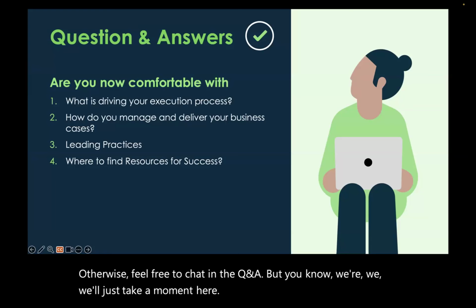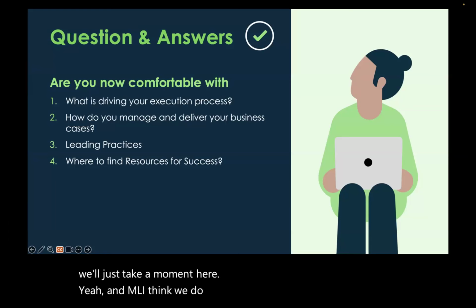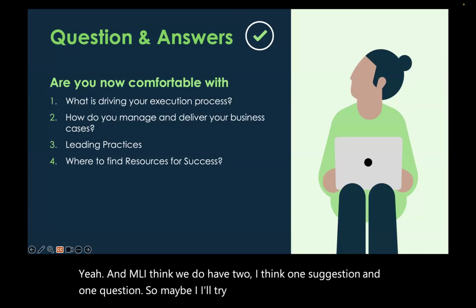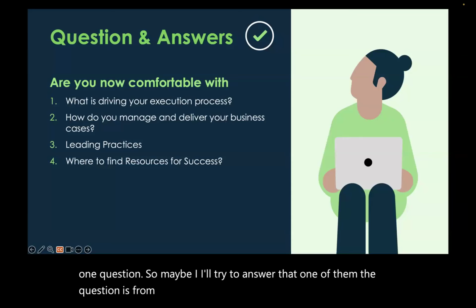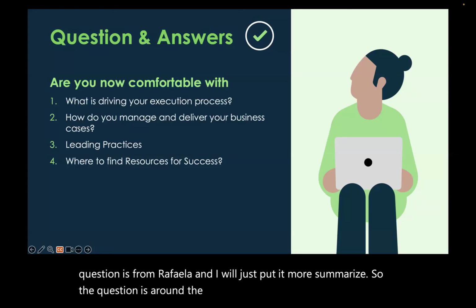Yeah, ML, I think we do have two, one suggestion and one question, so maybe I'll try to answer that. One of them, the question is from Rafaela, and I will just put it more summarized. The question is around the concept where we are using multiple calendars or multiple schedules.